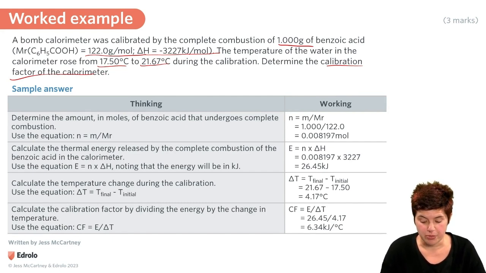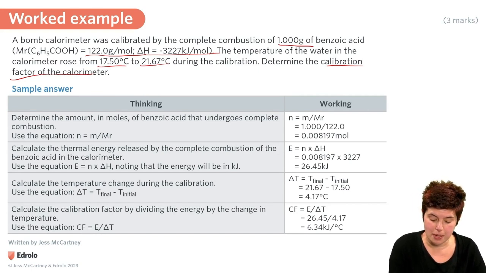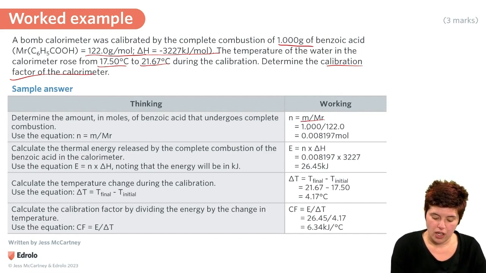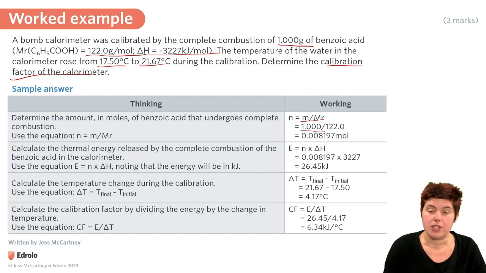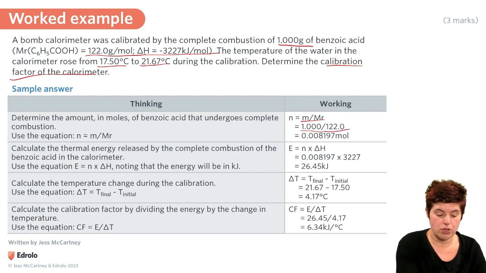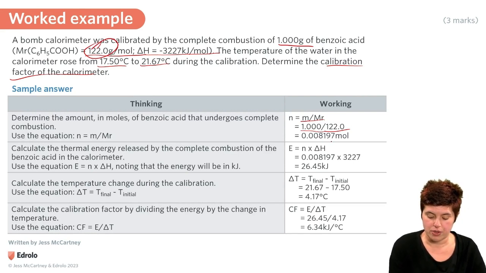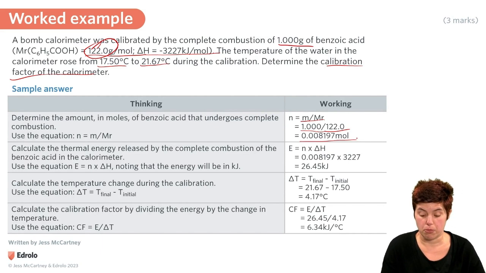Because we've been given the enthalpy change of this particular chemical, this is a chemical calibration factor example. So the first thing that we're going to do is calculate the mole of benzoic acid. As we've been given the mass, we're going to use the mass over molar mass formula, and we've been given the molar mass of benzoic acid as well, so it makes it nice and easy. So we have 1.000 grams divided by 122 given to us in the question, and that gives us 0.008197 mole.